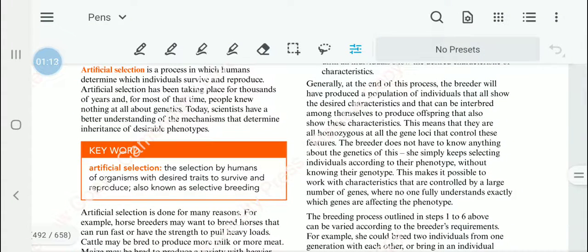Not exactly genetic alterations, but usually some qualities, some characteristics of these animals and plants are concentrated, and undesirable characteristics are wiped out.